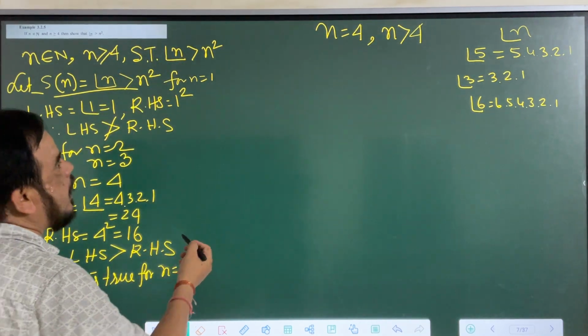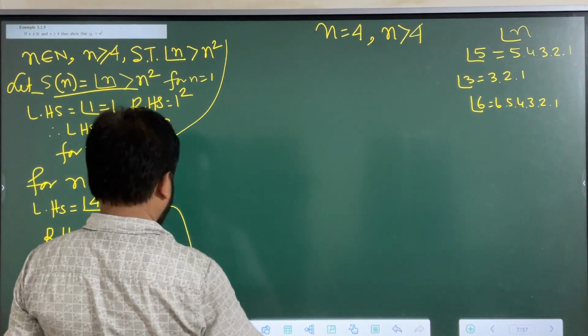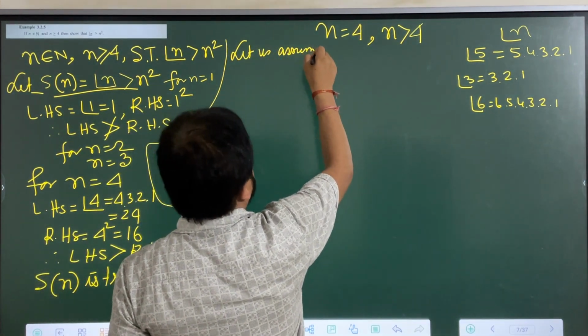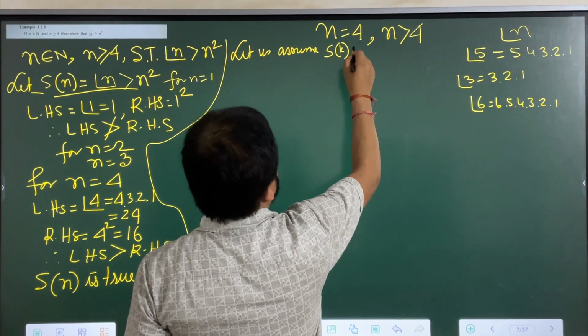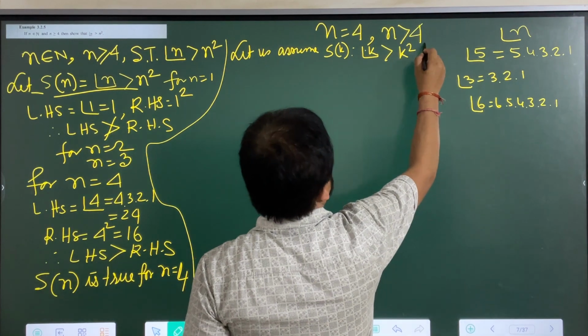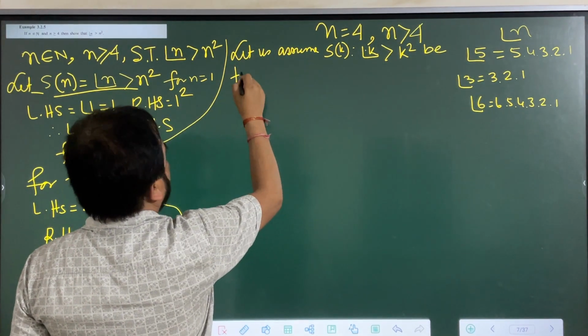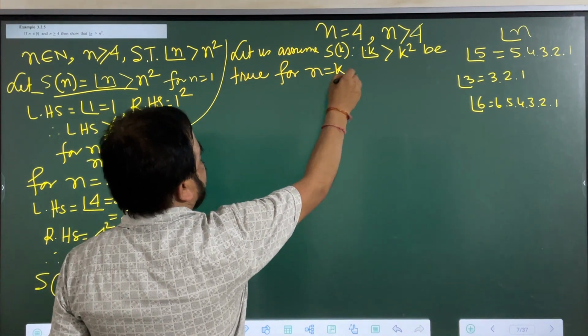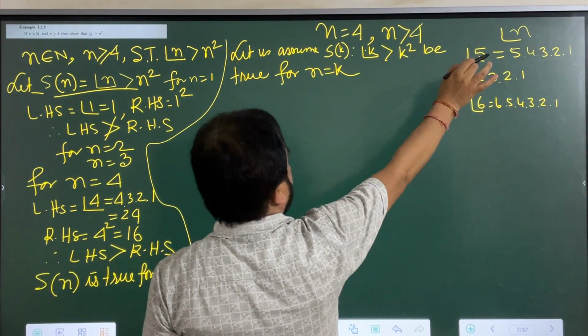Now we will write assume. Let us assume Sk. What is Sk? Factorial k is greater than k square, be true for n equals to k. This is the assumption.